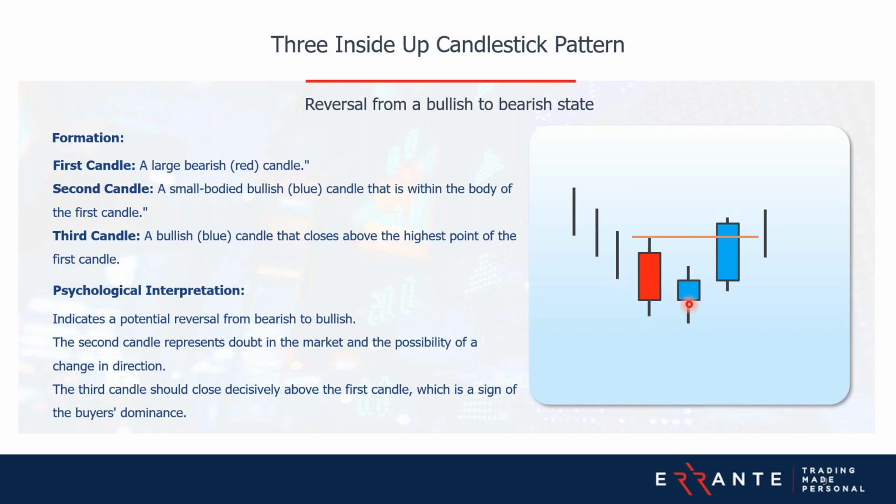We begin with the first candle, a large bearish candle painted in red like this. This candle stands tall, representing a period where sellers have the upper hand, driving the market downwards.